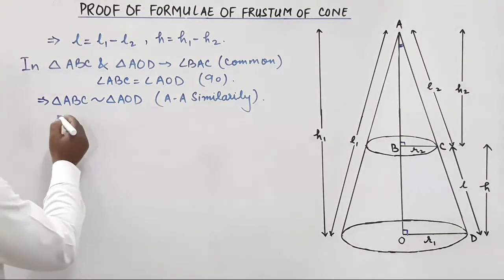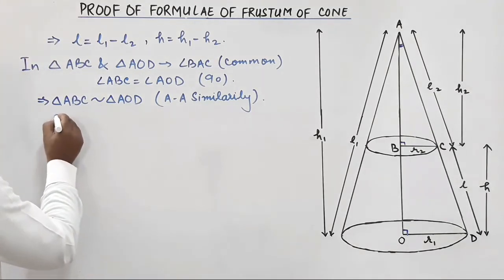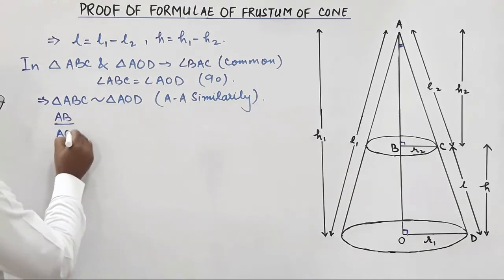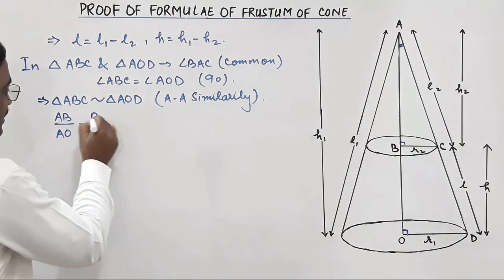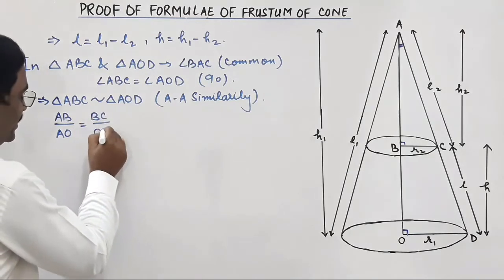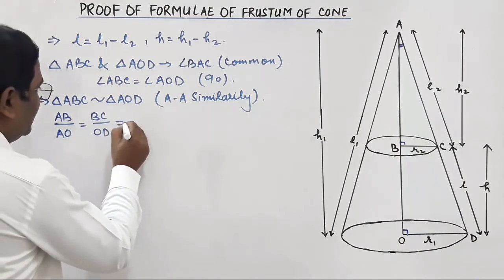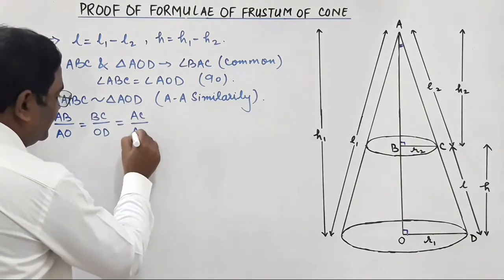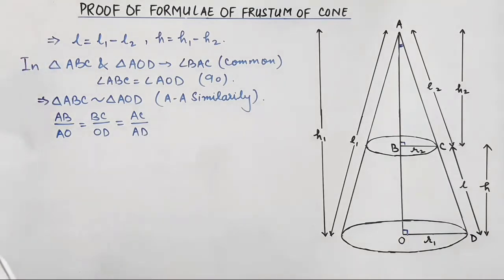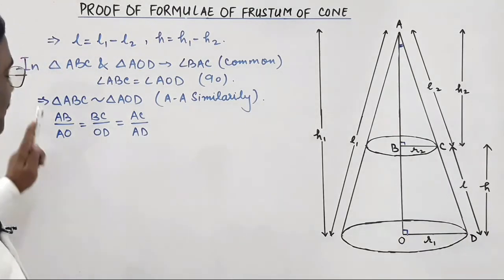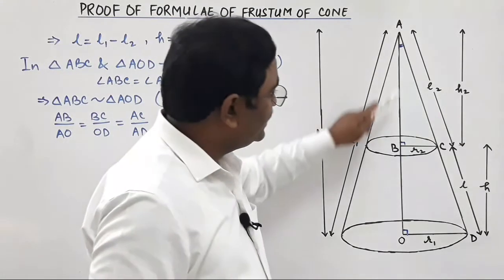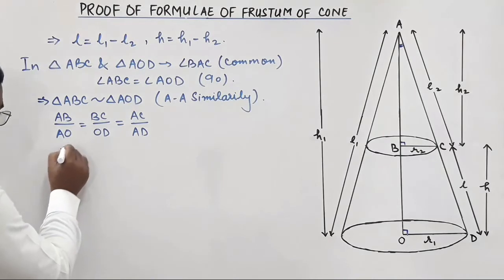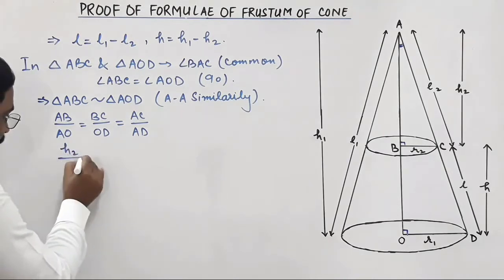It means AB corresponds to AO, BC corresponds to OD, and AC corresponds to AD, right? So let us substitute these values. AB is h2, the height of the smaller cone.